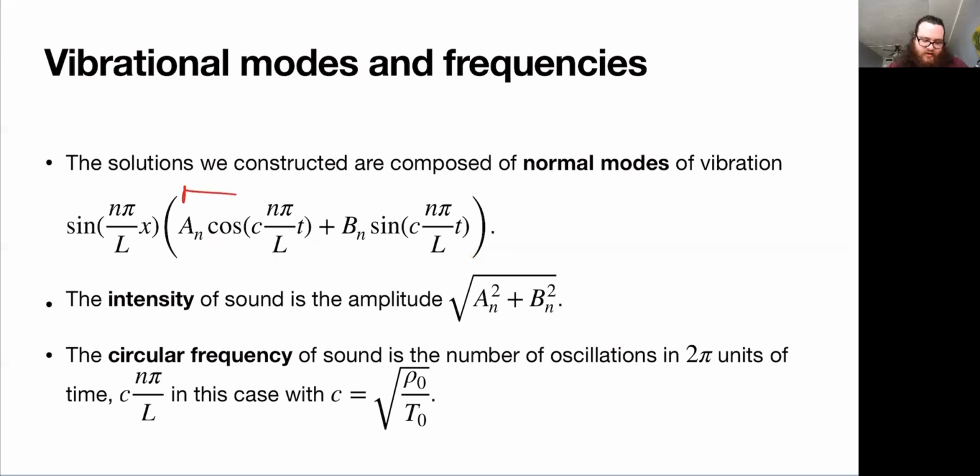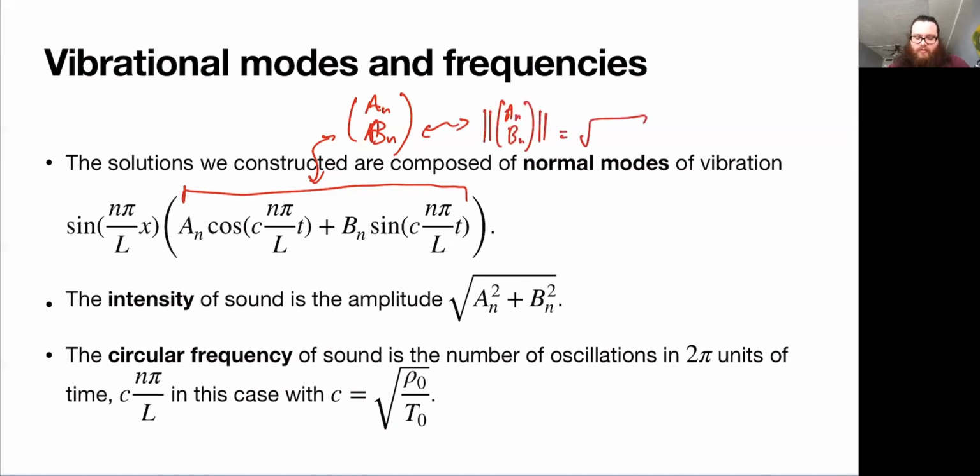And so in a sense, you can think of this as a vector a sub n and b sub n, where these coefficients are telling you the contribution from the cosine oscillation and the sine oscillation. And so then the norm of this vector, a sub n and b sub n, right? The vector norm is going to be root a sub n squared plus b sub n squared. Okay. So this is one way to kind of intuit.